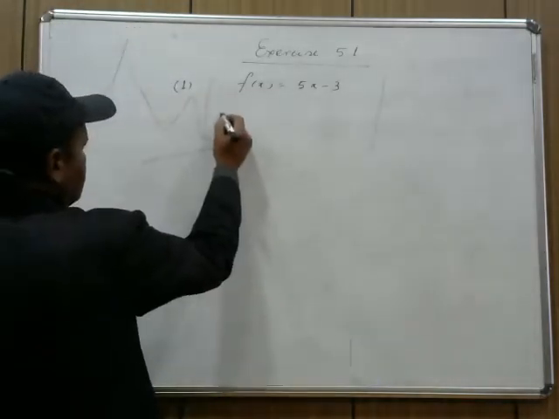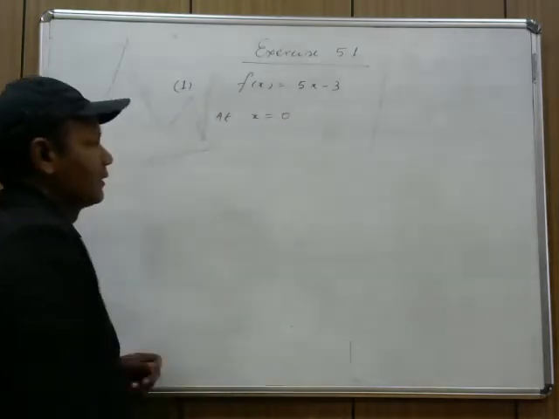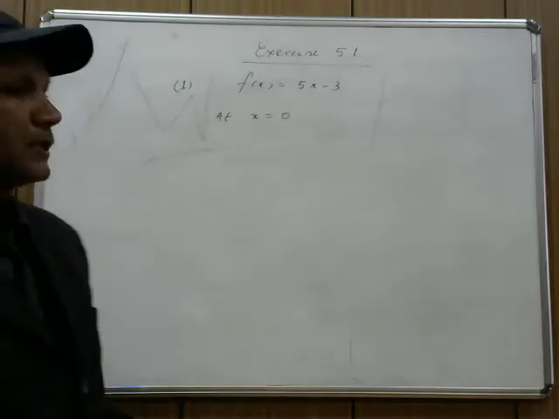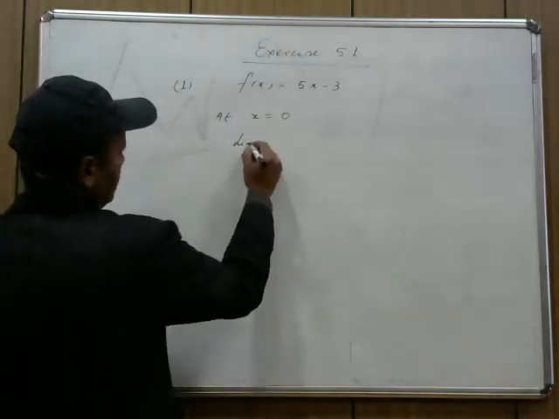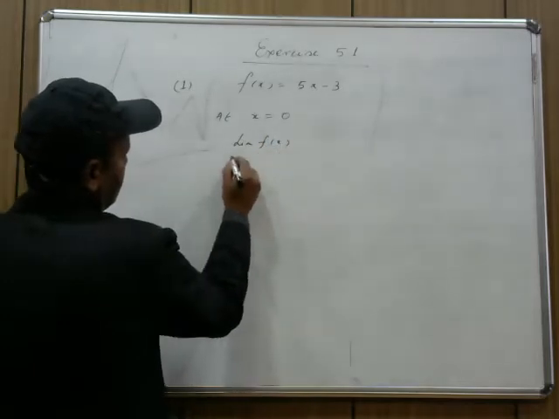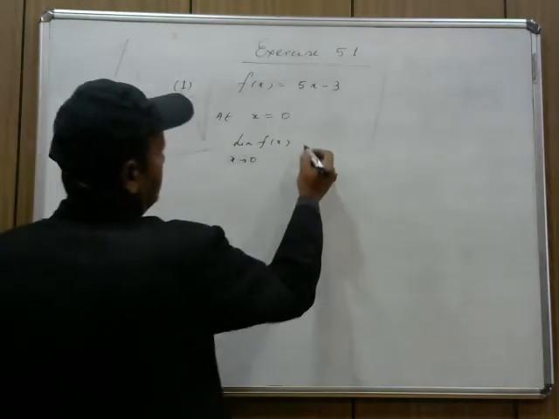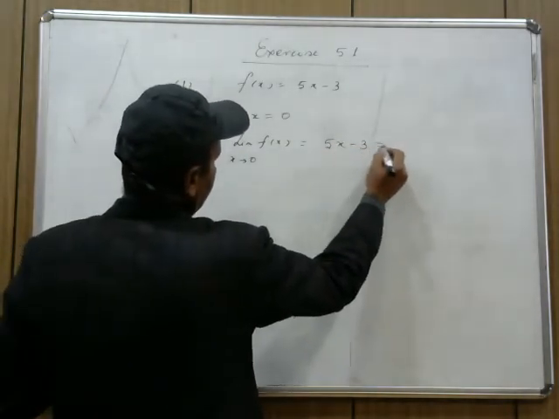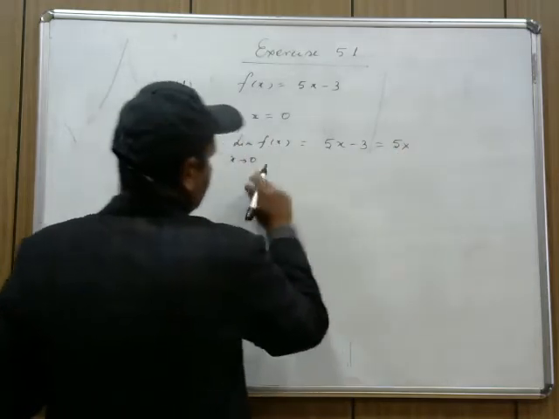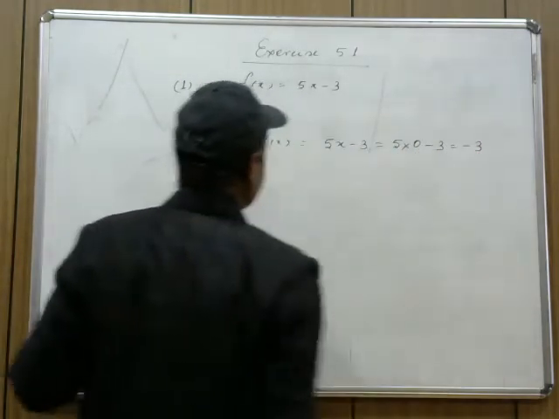First of all, I will check at x is equal to 0. The given function is f of x is equal to 5x minus 3. Now, limit of f of x as x tends to 0 is equal to 5 into 0 minus 3, which is equal to minus 3.